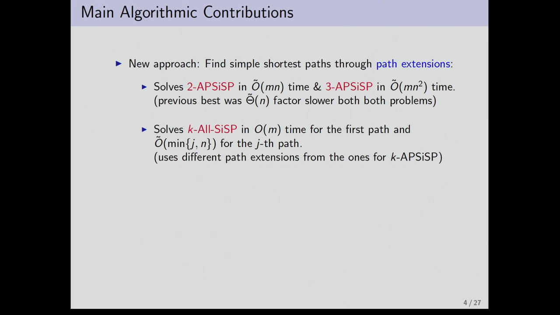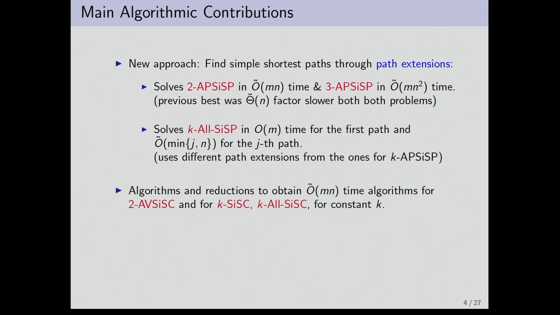And clearly you need to spend m time to find the edge of minimum weight. But thereafter, we just spend O tilde of j comma n time for the jth path. So essentially, if k is a constant, then each additional path is found in O of log n time. So it's very efficient. And it uses path extensions, but a different path extension method from what we used for the first problem.